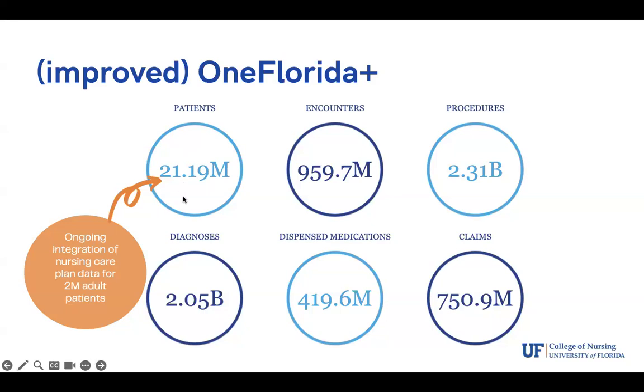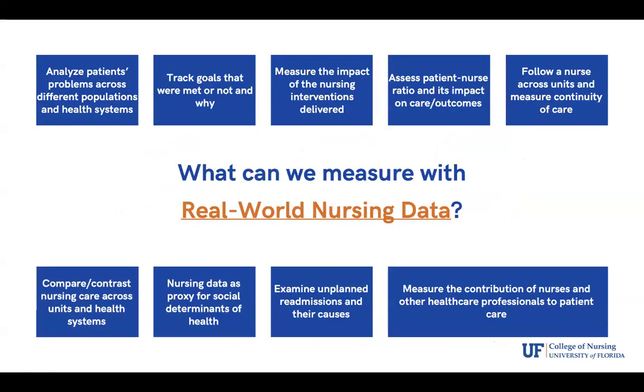It is our hope as a team that once this project goes into 2026 and we finalize the infrastructure, we'll get more funding to expand it to all of the other remaining 17 academic institutions or health systems, to also send nursing data about their patients to this repository.